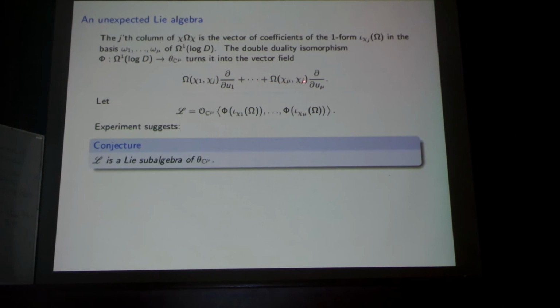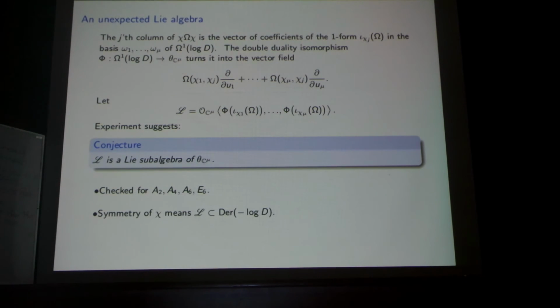And the remarkable thing, which is again experimental, is that these vectors form a Lie algebra. That is, if I take the Lie bracket of any two of these vector fields, then it's a linear combination, with coefficients in O_{C^mu}, of these vector fields. So this seems to be rather a delicate property. It's checked for quite a lot of examples.